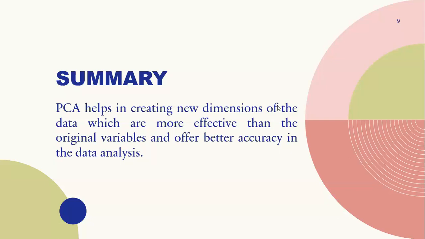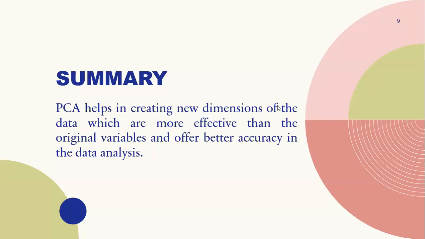That's the reason PCA is very important. It is not just reducing the dimensionality of the data set, it also offers a better representation of data, and better representation will obviously lead to better accuracy of your model.